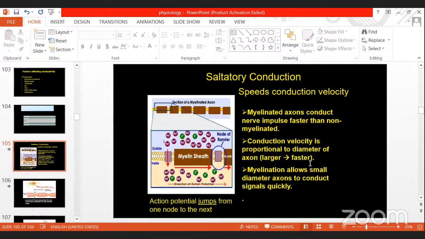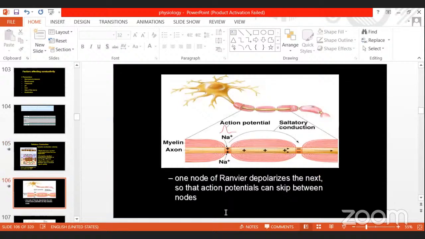A larger neuron will conduct impulses faster. And the myelination allows small diameter axons to conduct signals fast, that is known as saltatory, meaning jumping of the impulses from one node to the next. So, one node of Ranvier depolarizes the next, so the action potential will skip. That is known as saltatory conduction.